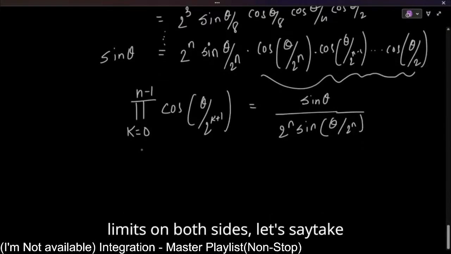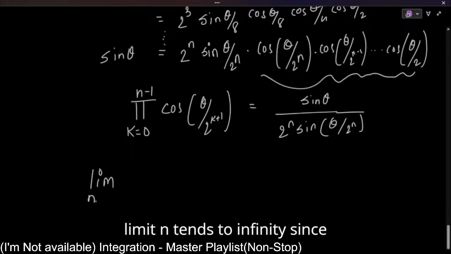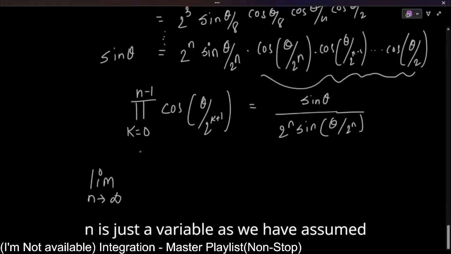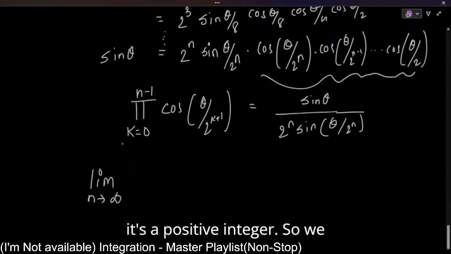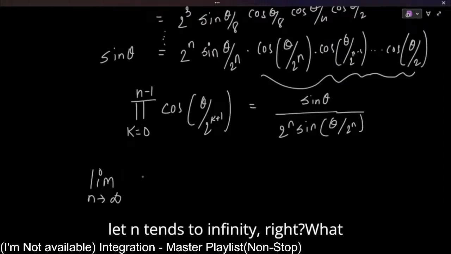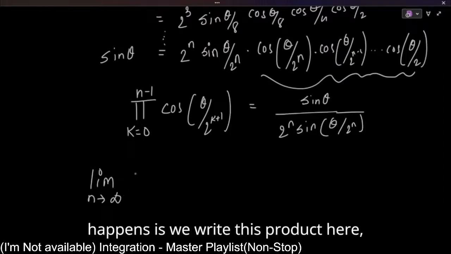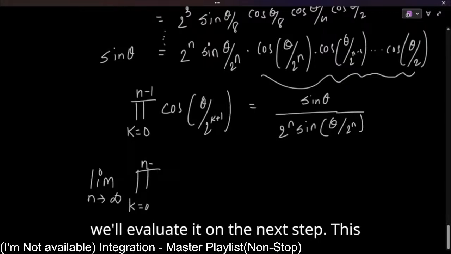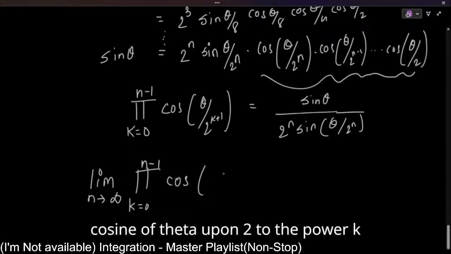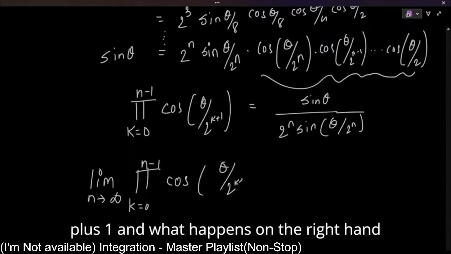If you take limits on both sides, let's say you take limit n tends to infinity, since n is just a variable here, as we have assumed, it's a positive integer. So we let n tend to infinity, right? What happens is we write this product up here. We'll evaluate it on the next step. This cosine of theta upon 2 to the power k plus 1.